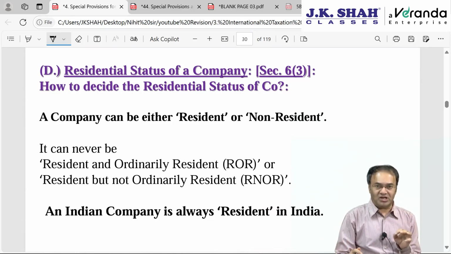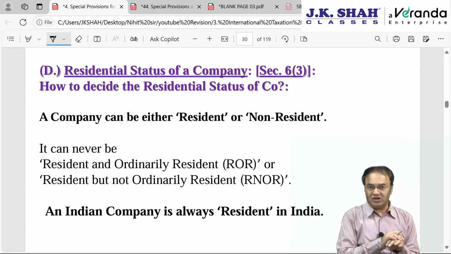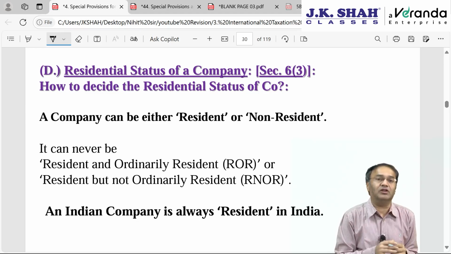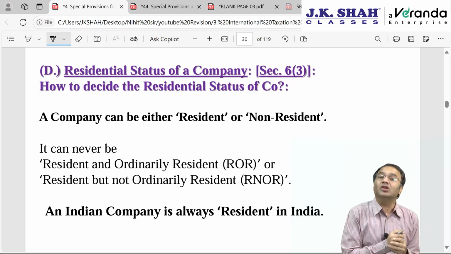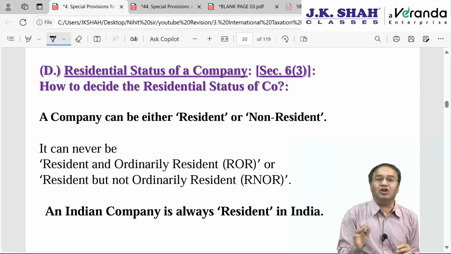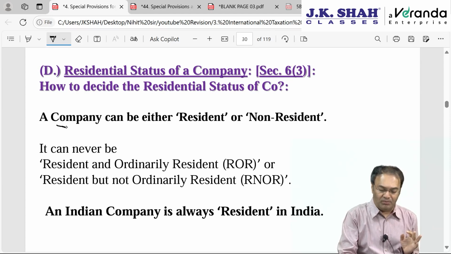As far as companies are concerned, the rules were drastically changed by the new government with effect from AY 16-17. It's been 9 years now, about to be 10 years. Here companies are divided into two categories, Indian company and foreign company. Just like partnership firm and LLP, a company can be resident or non-resident.